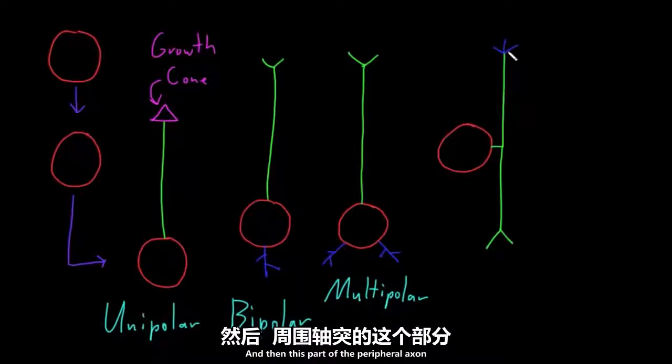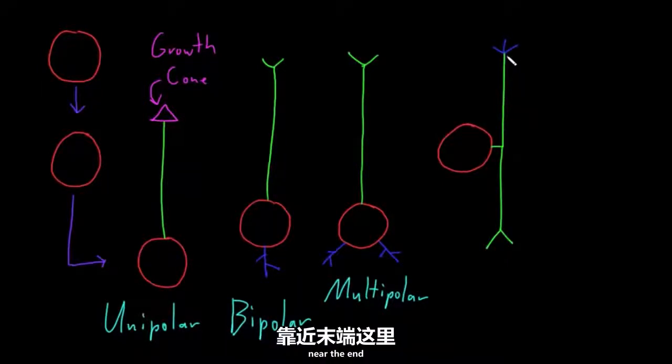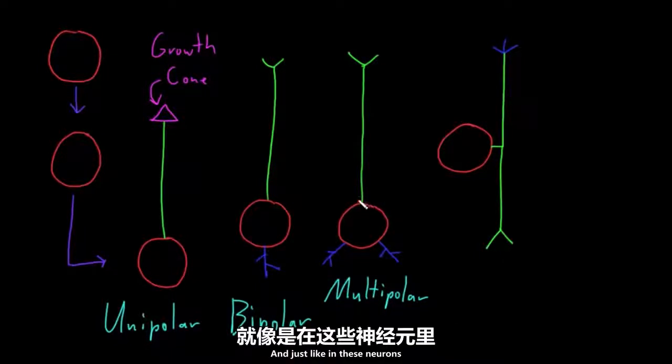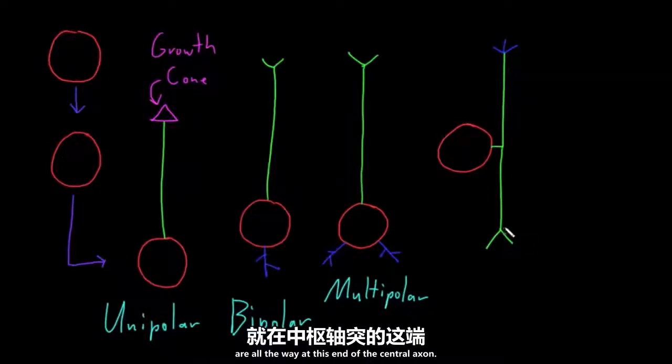And then this part of the peripheral axon near the end is the axon initial segment, where the trigger zone is, just like this part is on a multipolar neuron close to the soma. And just like in these neurons where this is the trigger zone and then the end of the axon has the axon terminals, in this type of neuron, this is the trigger zone of the axon, and then the axon terminals are all the way at this end of the central axon.